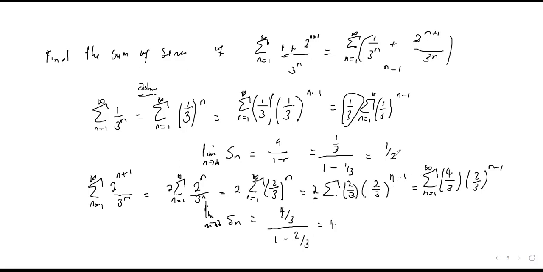Now, because we're adding these 2, you add this plus 4 for us to get the sum of the original series. So the sum of that original series is going to be half plus 4. So you add half plus 4, should be able to get 9/2.